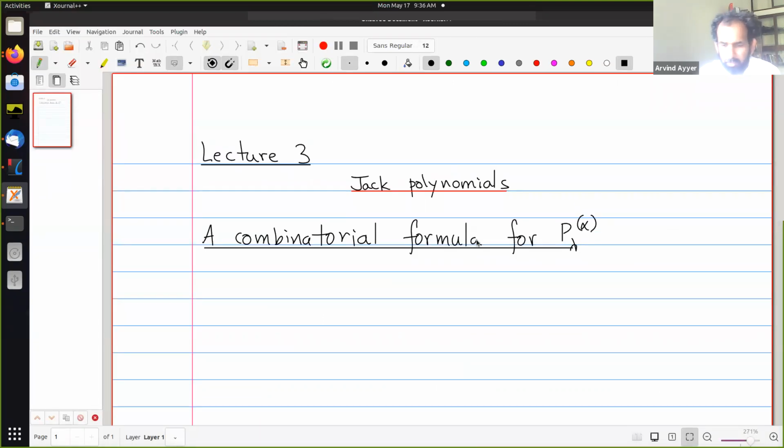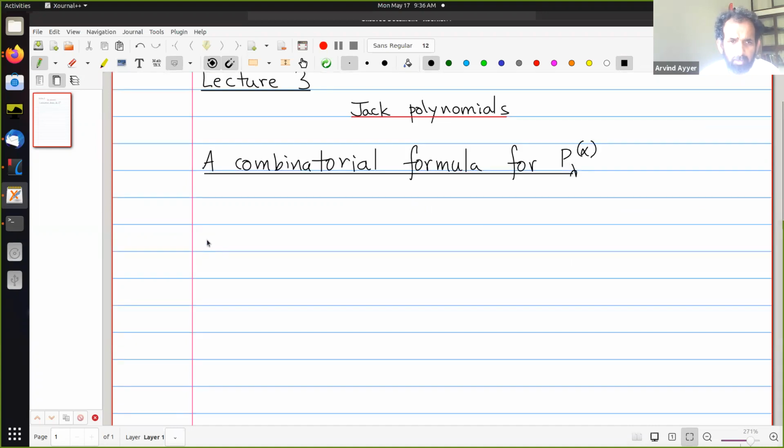Now let me define some standard quantities for a partition.